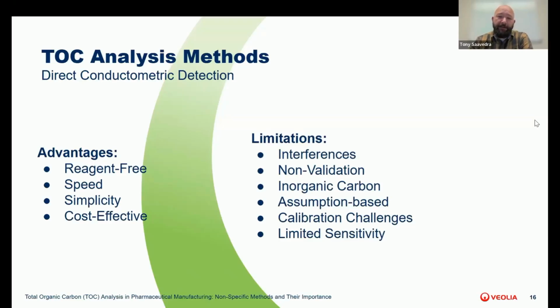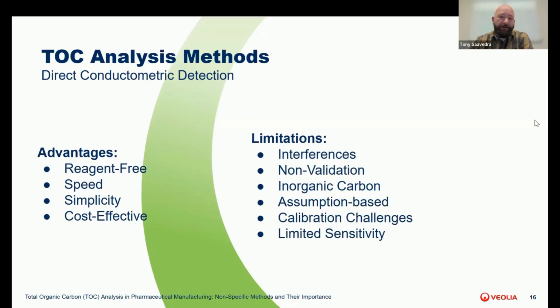It does have several limitations, though. Direct conductometric is more of a sensor than a true analyzer due to frequent interferences from other ions or compounds that affect conductivity. Because of this, the method cannot be validated per USP 1225. And then direct conductometric also doesn't directly measure inorganic carbon, only providing a differential measurement, which can lead to inaccuracies.